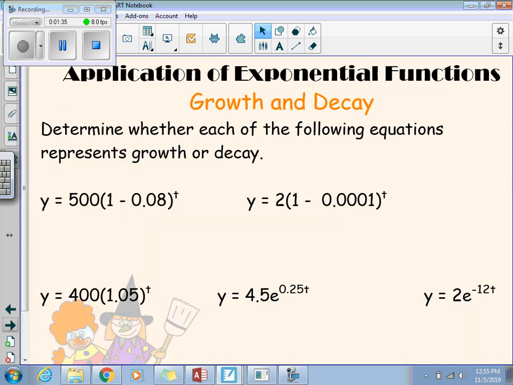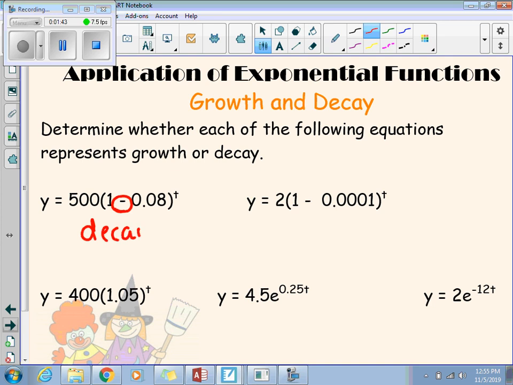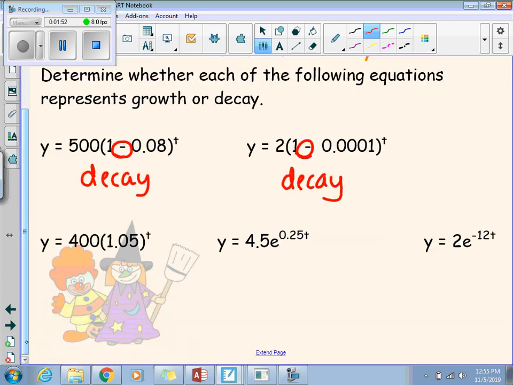Here we're going to determine whether or not these represent growth or decay. Okay, so if we look here, right, we've got a minus, so that makes this a decay. Okay, we've got another minus, so decay. Notice this number is greater than 1, which means we've added something to it, so this is a growth.